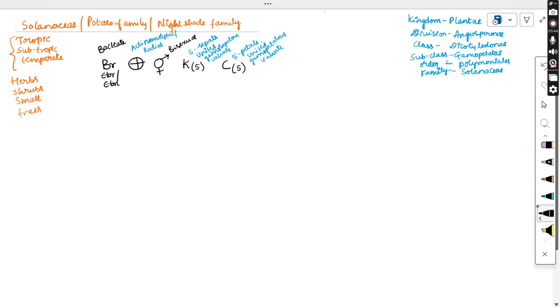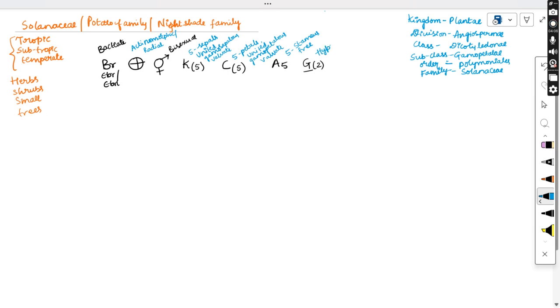Coming to the androecium, the androecium is also 5, but the difference is they are in free condition. So there are a total of 5 stamens, and all the 5 stamens are free. Next, the gynoecium. The gynoecium is of 2 carpels which are fused.